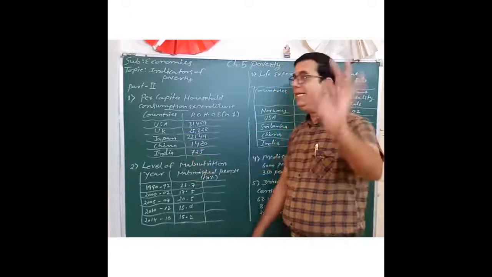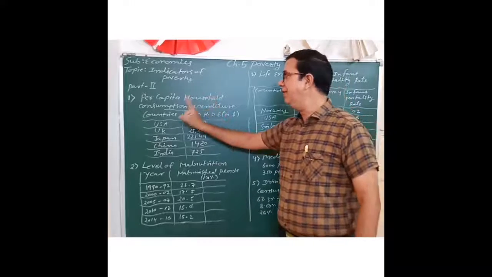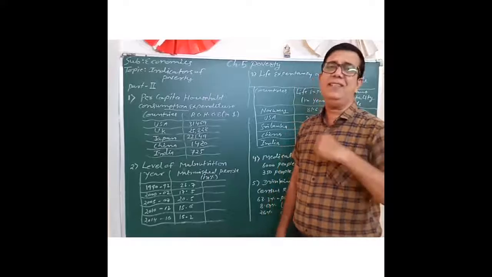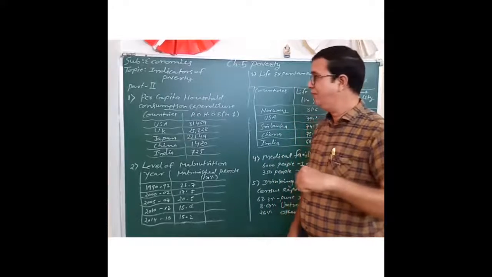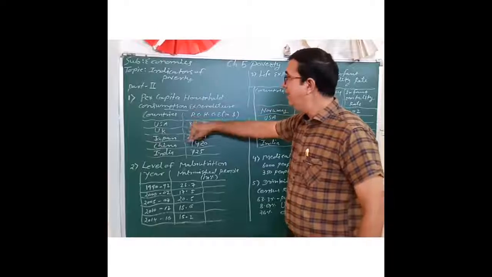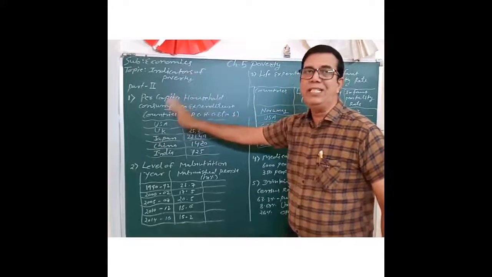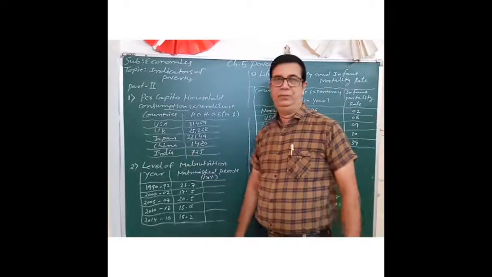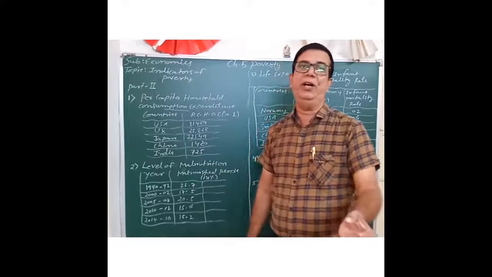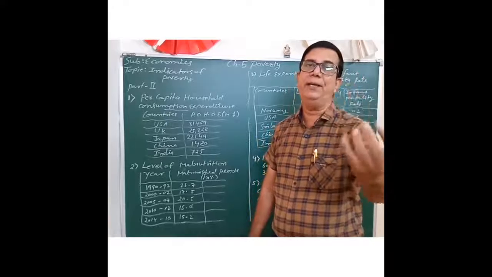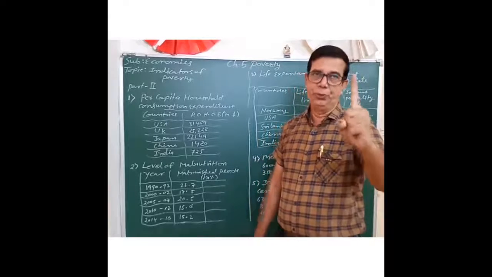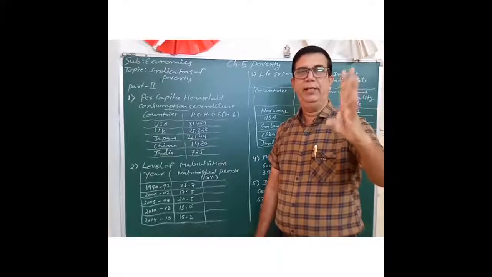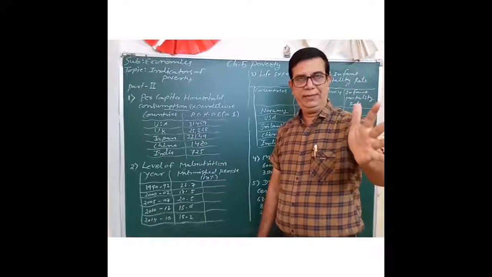Here India's per capita household consumption expenditure is low. This is why people in India live below the poverty line, because with this income you can't satisfy your primary requirements, that means food, clothing, housing, education, health.